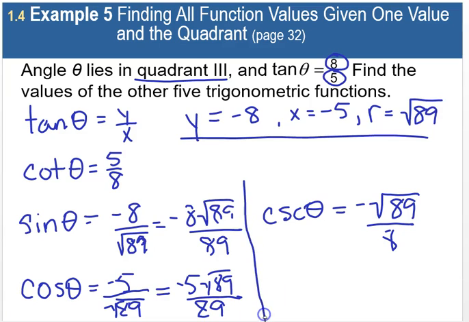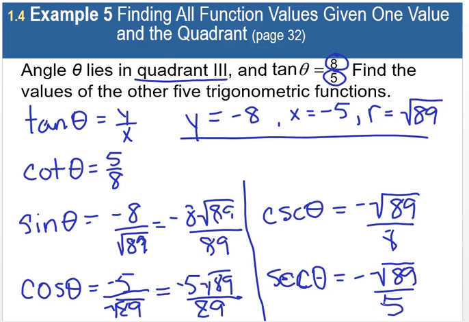And now the secant of theta. Secant of theta is equal to negative square root 89 over 5. And we're done with that.